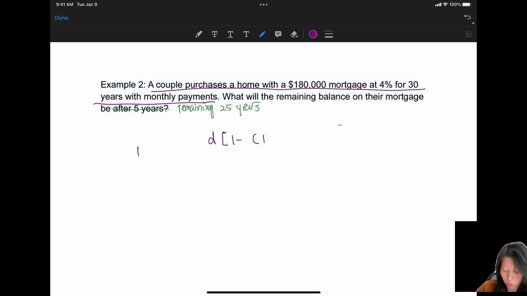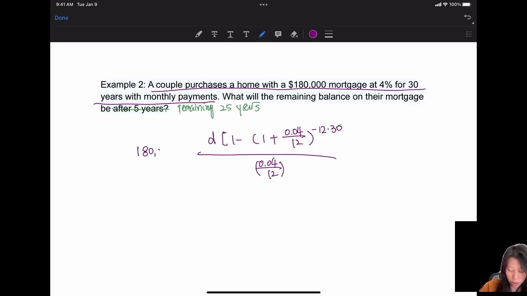D times 1 minus 1 plus R, which is 0.04 over 12 months, to the negative 12 times 30 years, over 0.04 over 12, equals 118,000 US dollars. With this formula, we can find how much your monthly payment is. So try to calculate that by yourself.